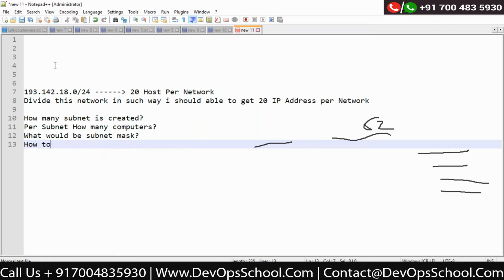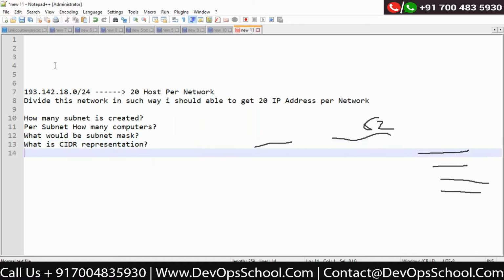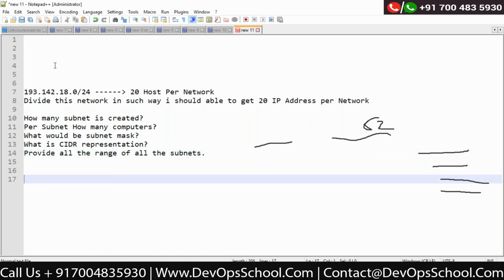What is the CIDR representation then? Okay. Provide all the ranges of all the subnets. Correct? Will it be possible?